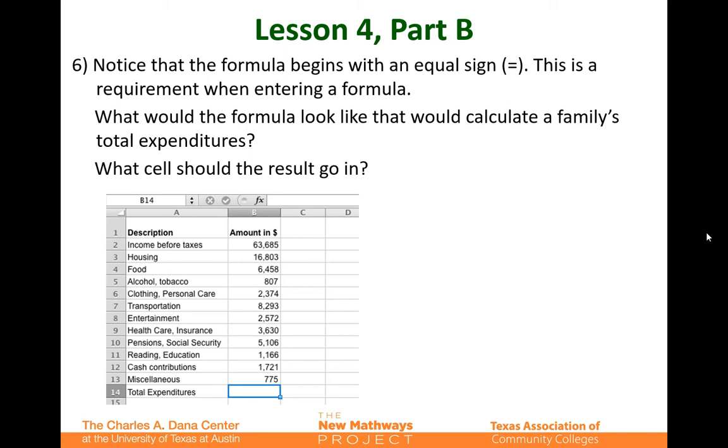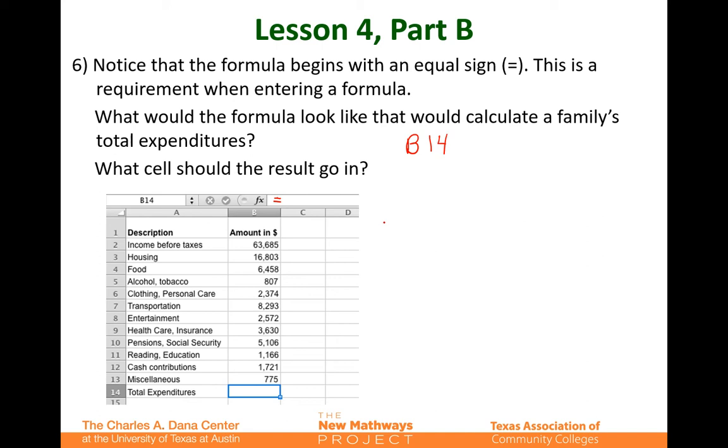So if we were actually working in a spreadsheet and we wanted to enter a formula, we would go up here and we'd actually write in the formula equals. What would the formula look like that would calculate a family's total expenditures? Which cell should the result go in? Well, obviously the total expenditures are going to go in B, and this is 14, that's where it goes.